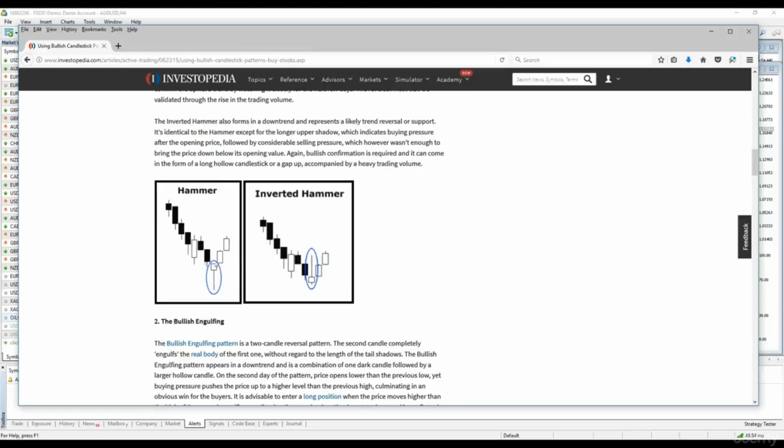A hammer is a reversal candlestick pattern that happens when the chart is in a bear trend and it comes to a bottom and we get this nice long wick to the downside, and then the candle is actually a bullish candle. So the white candles here are bull candles and the reds are the bear candles.